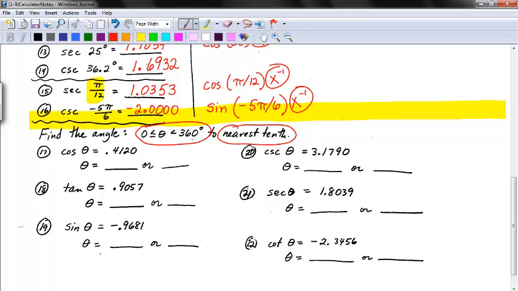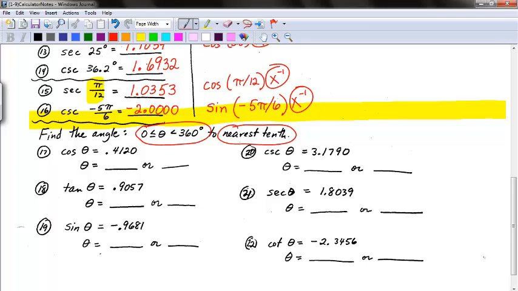Now, notice on this it says find the angle theta greater than or equal to 0. Okay, so they're going from 0 to 360. Okay, and they're in degrees. So the mode is degrees, nearest tenth. But now we've got 2 answers.